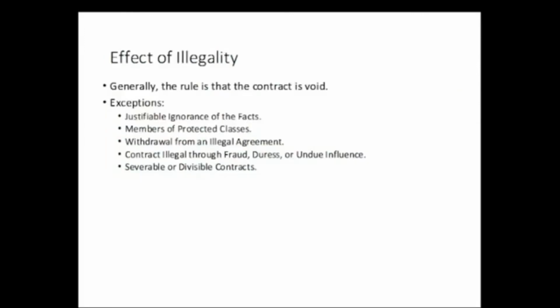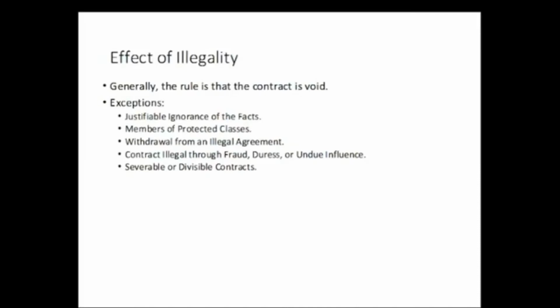There's an exception if you have a sale of a business, covenant not to compete, that is enforceable. Covenants not to compete in employment contracts are enforceable in some states, even though that's tending to go away at this point. And then finally, contracts that promise to discriminate also are not enforceable.